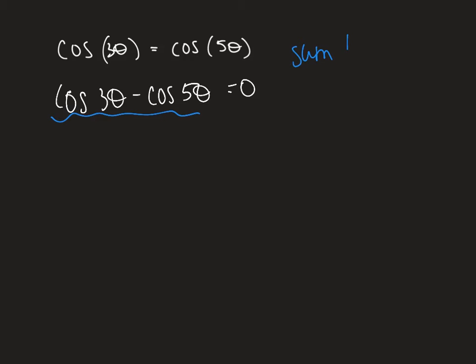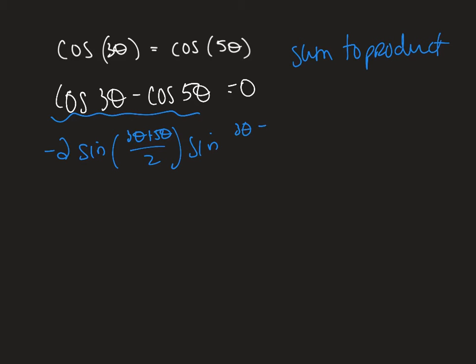Sum to product. Okay. So what it looks like is I'm going to take that and rewrite it as -2 sine, and then it's going to be 3 theta plus 5 theta over 2 times the sine of 3 theta minus 5 theta over 2, and that's going to equal 0.